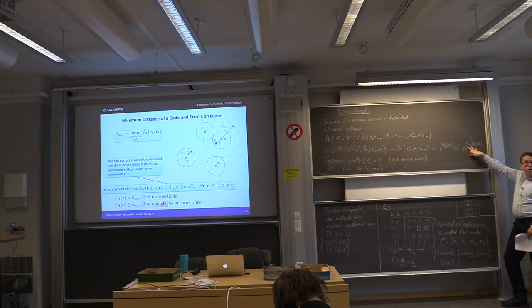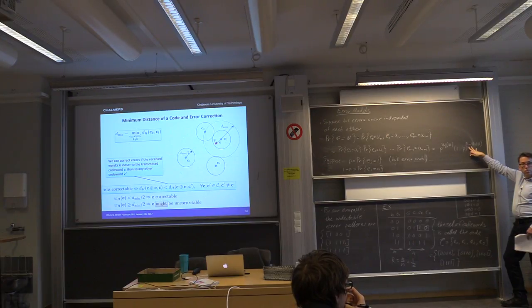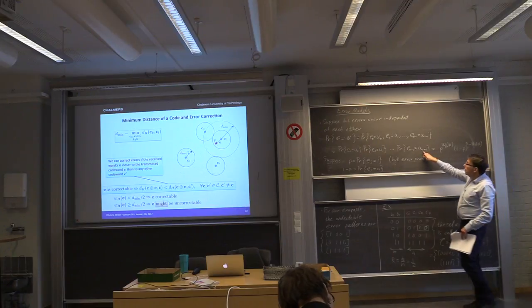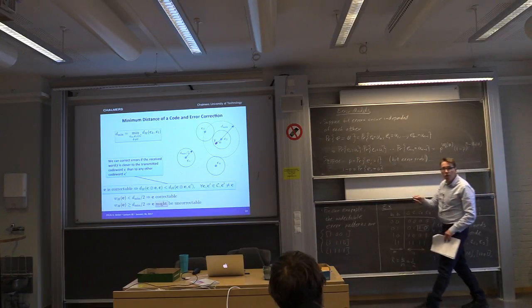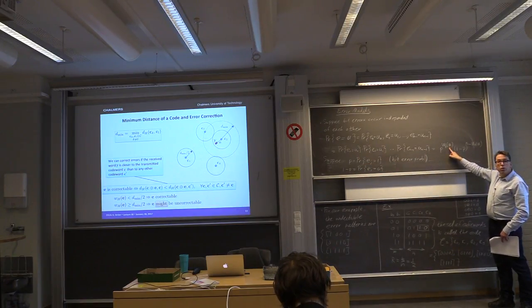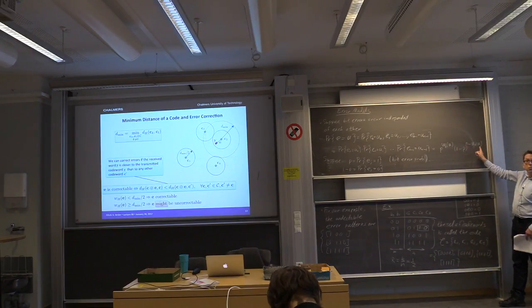N minus the Hamming weight of U is the number of positions where there is a 0 in U. Right? We have n positions in the U vector. The Hamming weight of U is the number of ones, and therefore the number of zeros is n minus the Hamming weight. Okay.